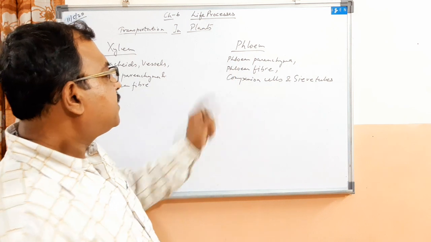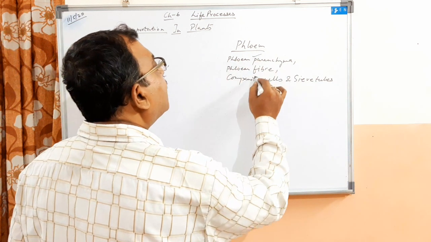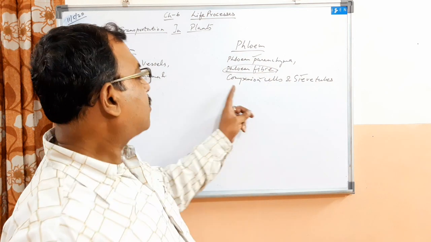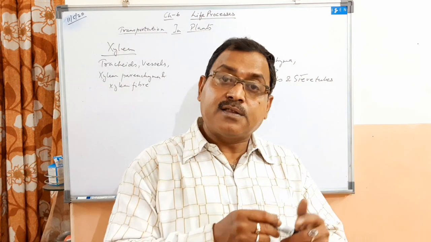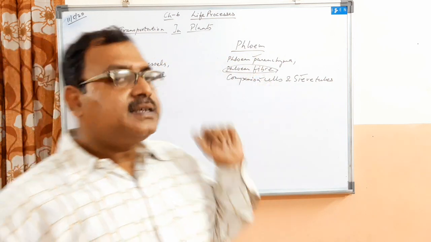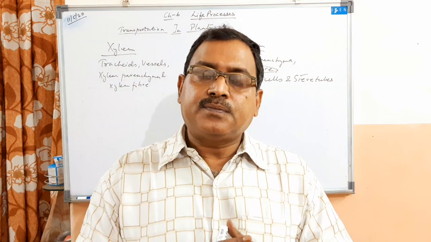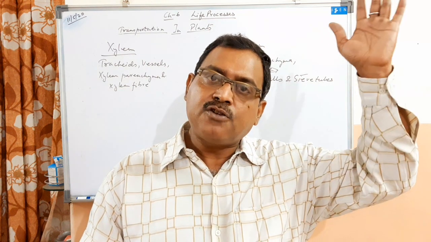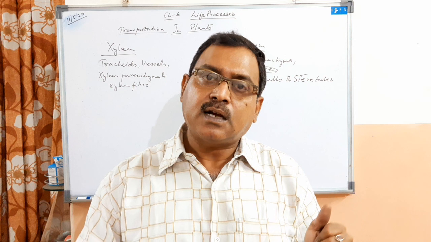So out of these, all are living except phloem fiber. Phloem parenchyma, sieve tubes, companion cells, all these are living cells. Now, with the help of these, food is transported in both directions, towards the upper region of the plant as well as towards the roots.